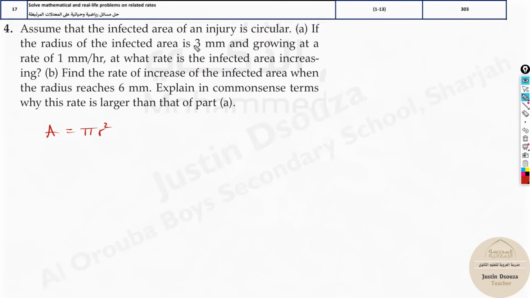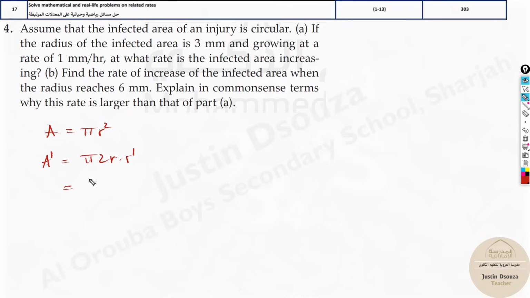Now I have been told over here, assume the infected area, if the radius is given and it's growing, what does that mean? That is, the rate of change of radius is given over here as 1 mm per hour, right? So first, what do we have to find? The infected area increase, the rate of area. So we derive this: A dash equals pi into 2r into r dash.